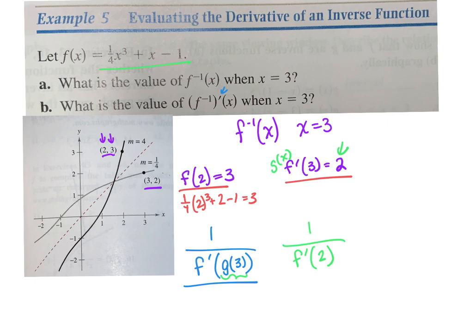What is the derivative? Well, multiply by your exponent, right? So you get 3/4 x squared minus 1, right? That's the derivative of f, right? Is it plus 1 or minus 1? It's plus 1. Sorry, I jumped. All right, plus 1. So then what do we do? Plug it in, right? So I have 2 squared, which is 4, right?